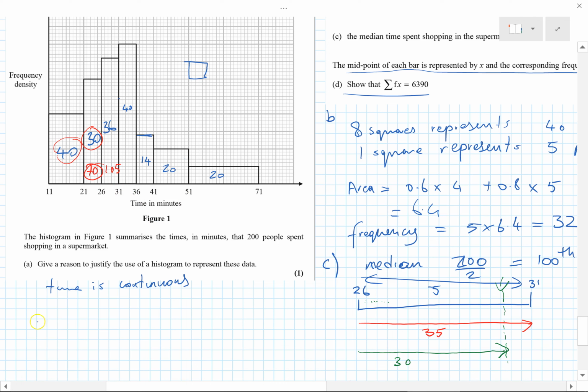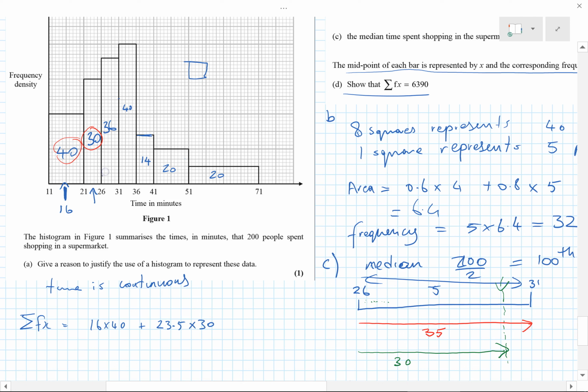So sigma fx: the midpoint of this is 11 plus 21 divided by 2, which is 16. So that midpoint is 16, and that's 16 times 40. Plus the midpoint of this, 21 plus 26 divided by 2, which is 23.5, and that's times 30.